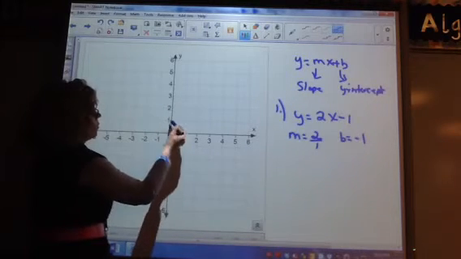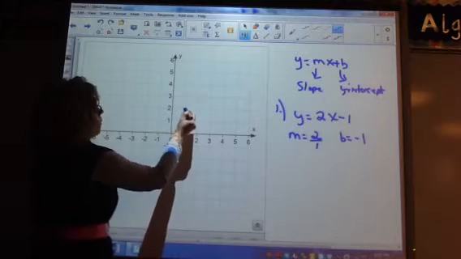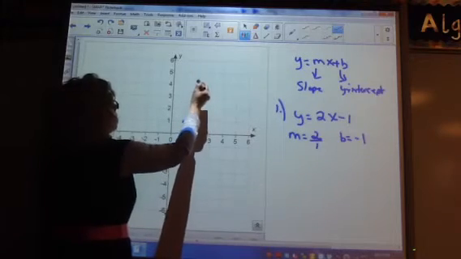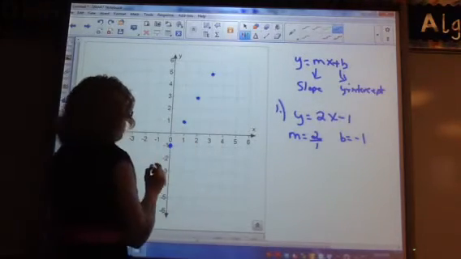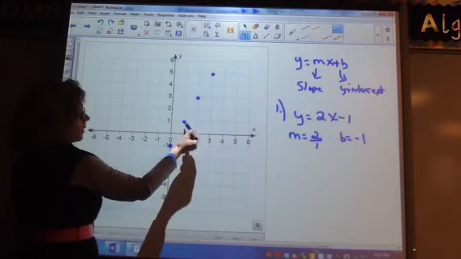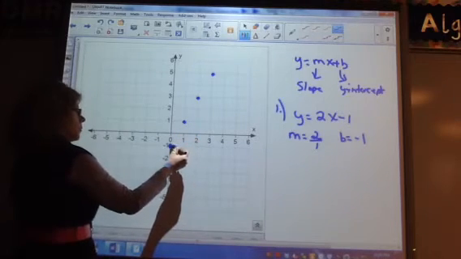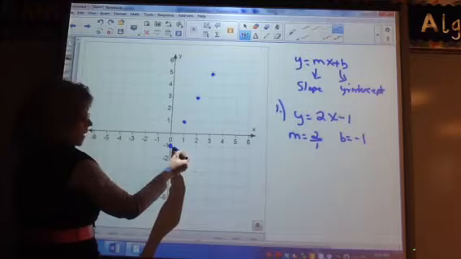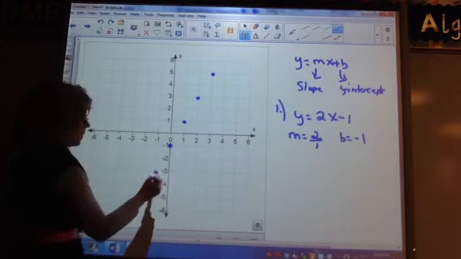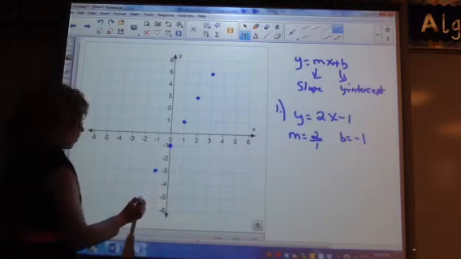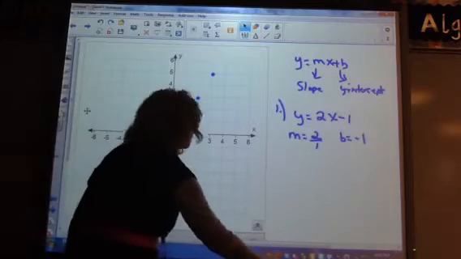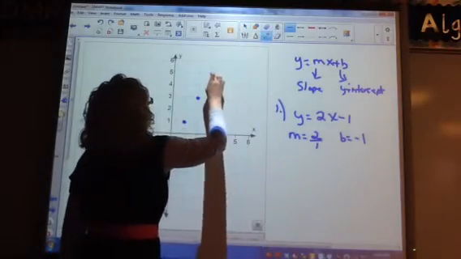So I'm going to rise 2, right 1, rise 2, right 1. Or, from this point, I can go down 2, left 1, because two negatives make a positive. Down 2, left 1. So let's make this a line.